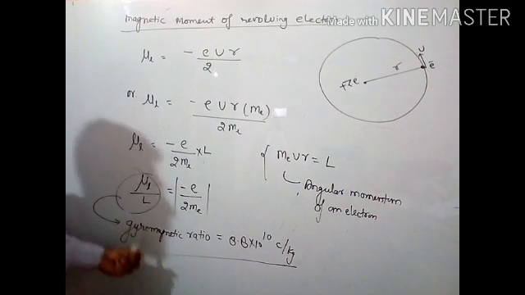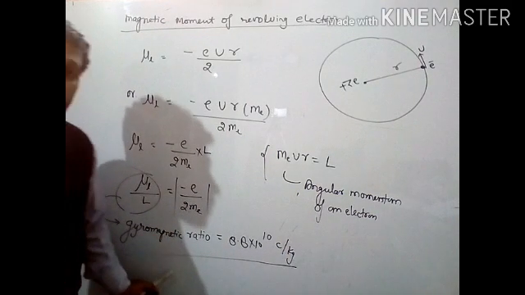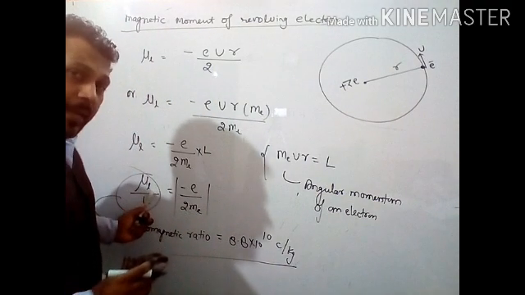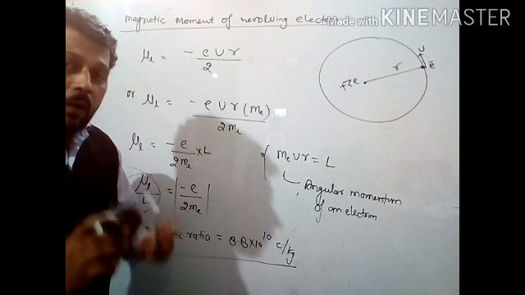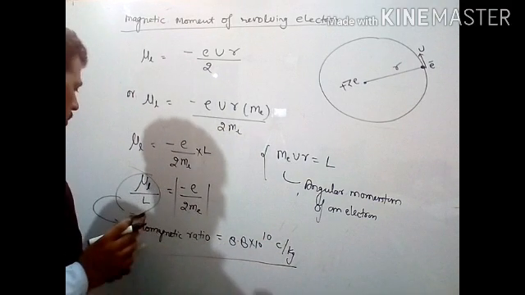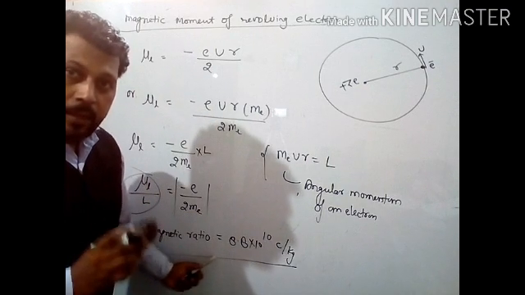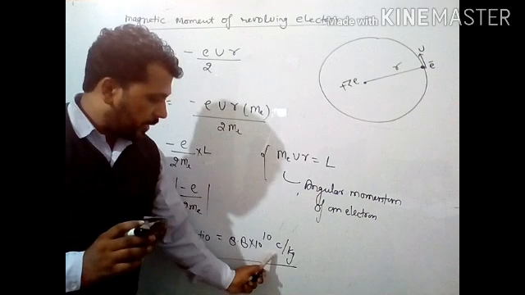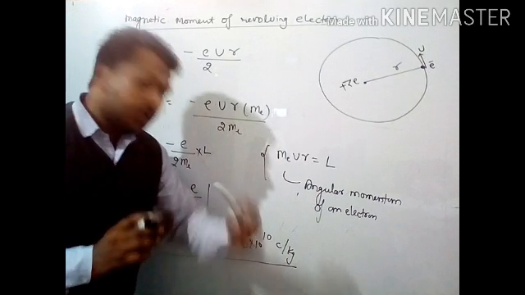The magnetic moment of an electron per unit angular momentum is known as the gyromagnetic ratio, and its value is 8.8 into 10 raised to power 10 coulomb per kg.